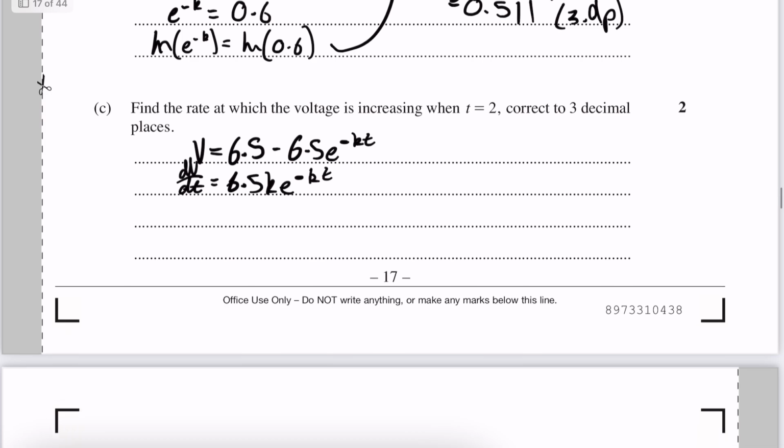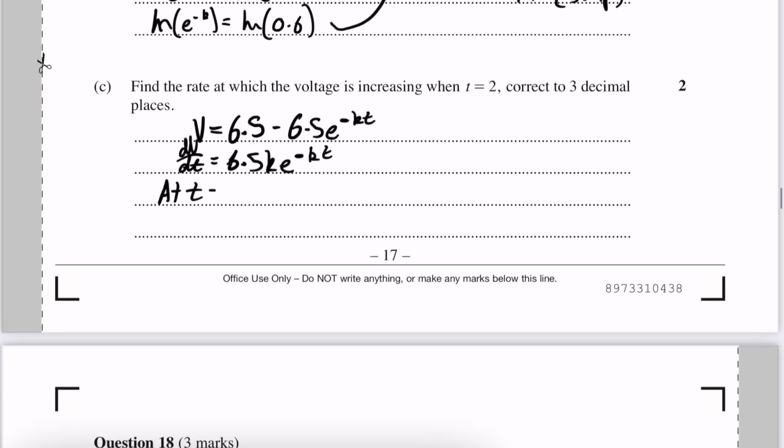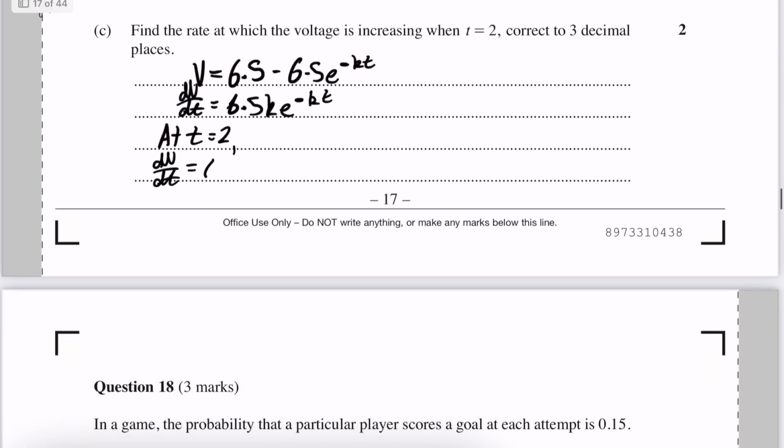And we need to just work out when t equals 2. So at t equals 2, dV/dt is equal to 6.5 times k times e to the minus k times 2.